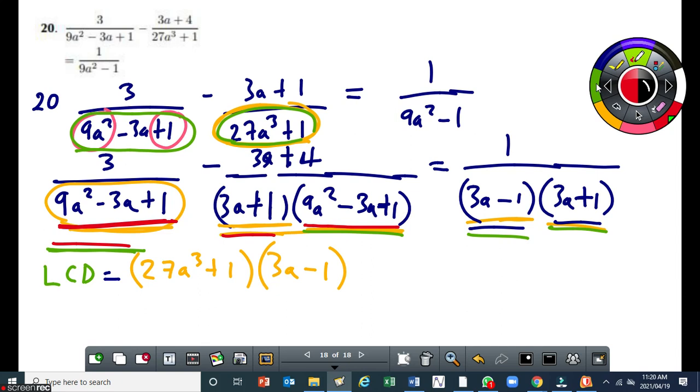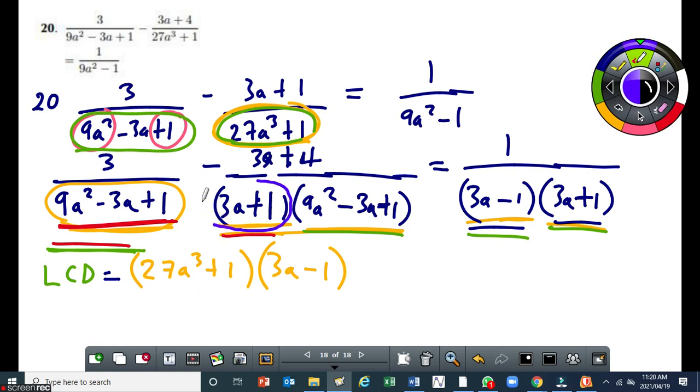Then, do you also see that this binomial factor in the second denominator is the same as this binomial in the third denominator, the denominator on the right hand side? Yes, sir.